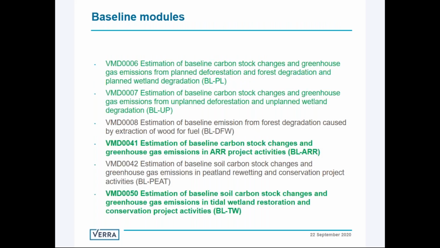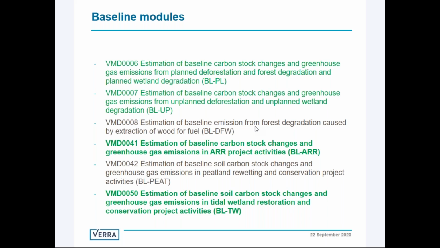So these are the baseline modules. In green, you see the ones that have been updated, and in dark green, you see the ones that have significant changes. So you see the light green two at the top. They are the existing baseline modules for planned and unplanned avoided deforestation, and we did some work on those to make them work for tidal wetlands as well.